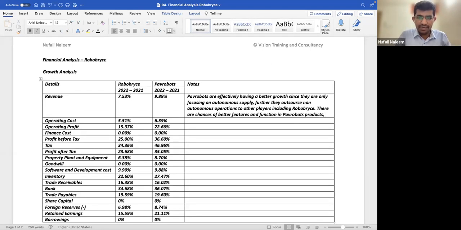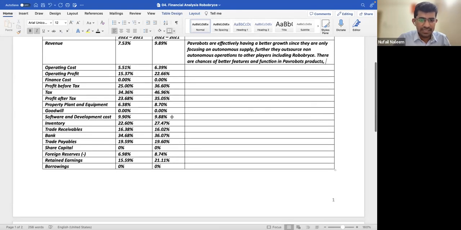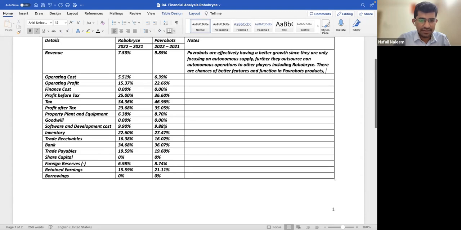I'll just quickly take you to one thing. If you see the software development cost, now you see property, plant, and equipment, these guys have gone to 8.70. And if you see software and development cost, it's again very close to ours. But you see property, plant, and equipment 8.70.